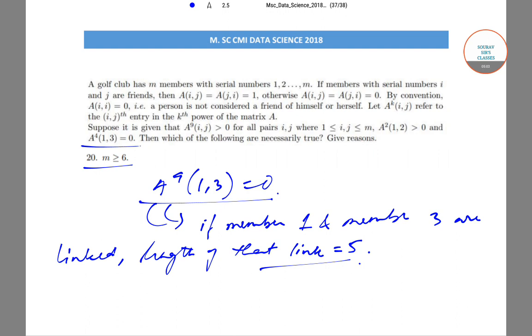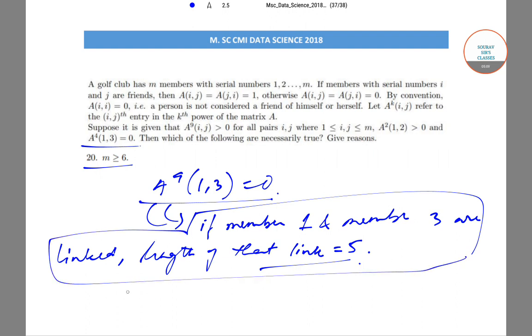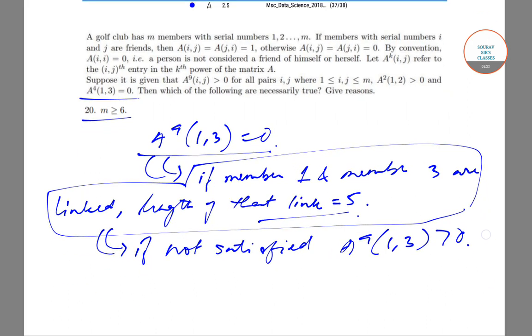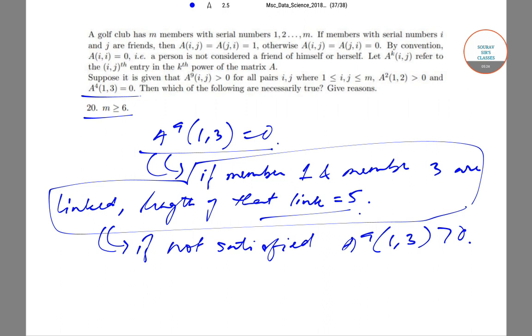If this condition is not satisfied, then a to the power 4 of 1, 3 will be positive, greater than 0. So we can say that if there is a link between 1 and 3, the length of the link is equal to 5.